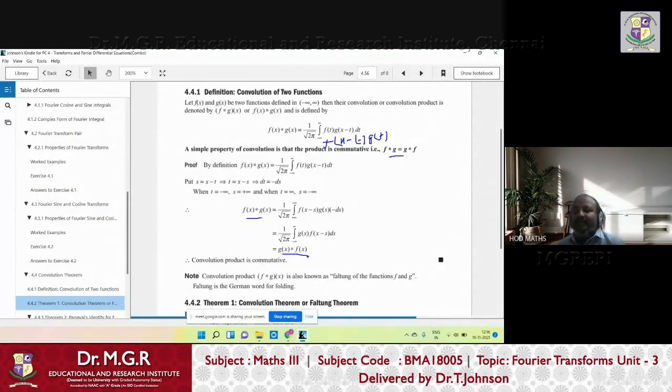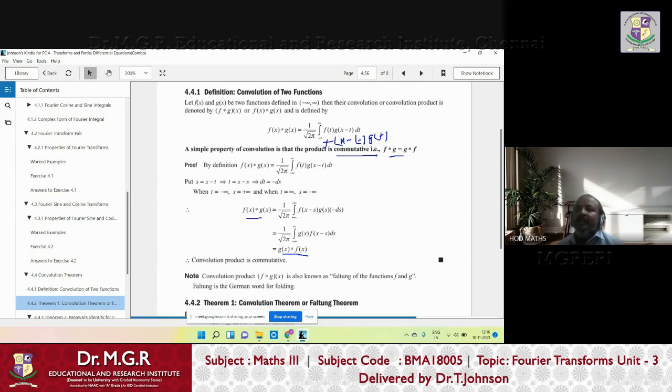This is a small property called the commutative property. It is called the product is commutative. Commutative means something simple. If you add two things, a plus b is the same as b plus a. Similarly, a into b is the same as b into a. So there it is okay. But a minus b is not b minus a. 2 minus 3 is not equal to 3 minus 2.